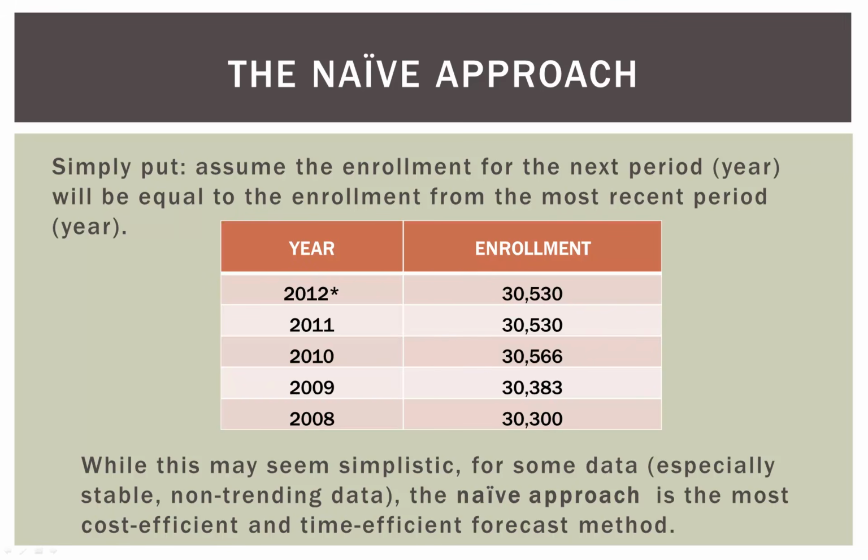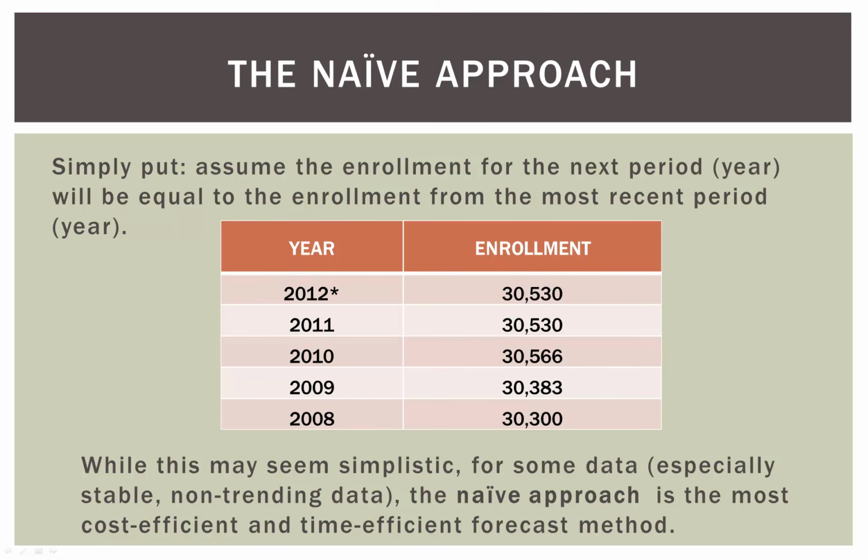So let's talk about the naive approach. Simply put, we just assume the enrollment for the next period, in this case next year, will be the same as the enrollment from the previous year. So the 2011 enrollment was 30,530 students. Using the naive approach, we would say that the forecasted enrollment for 2012 is also 30,530 students.